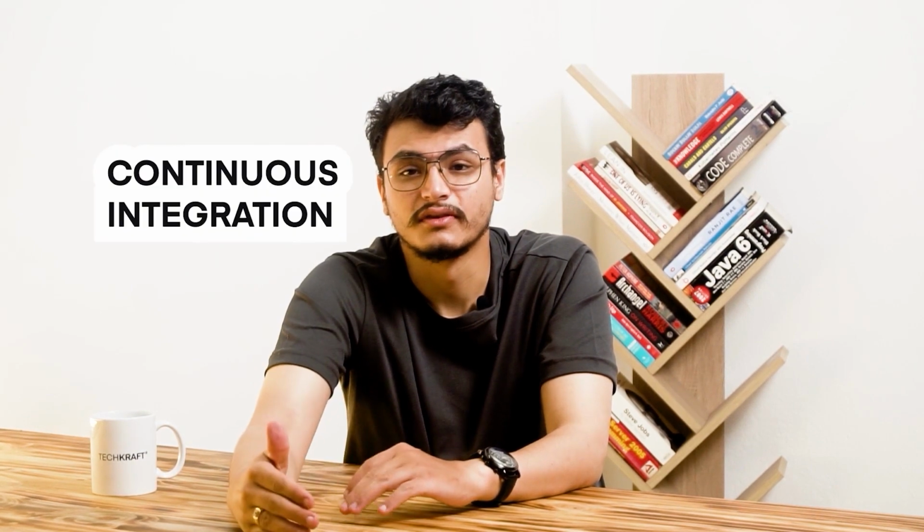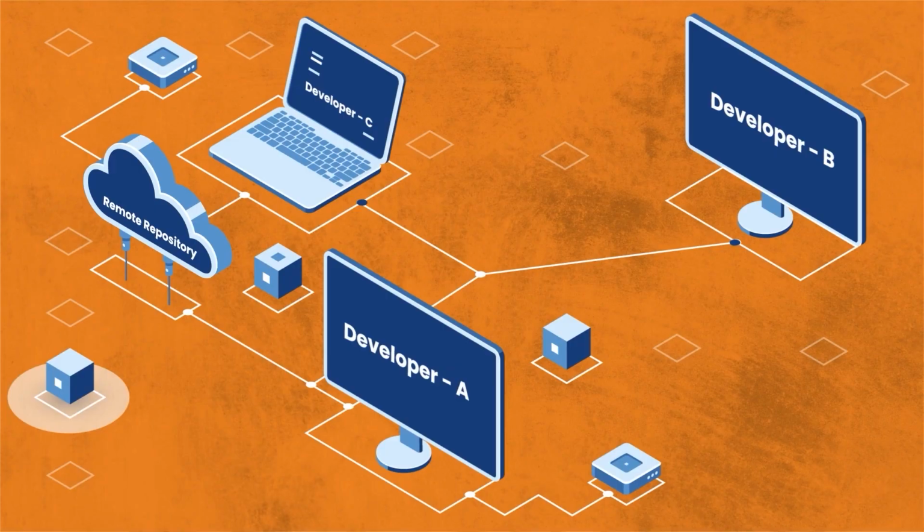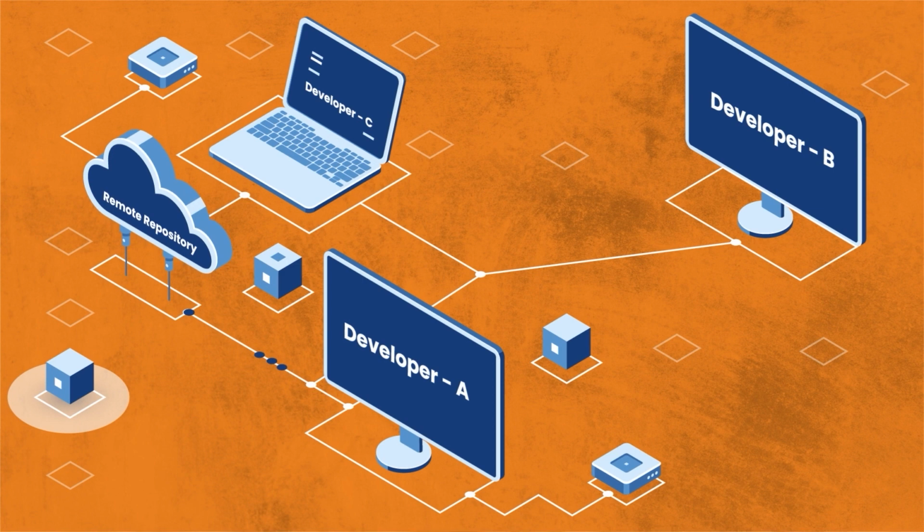So this is where CI/CD comes in. What is CI/CD? CI/CD stands for continuous integration and continuous deployment. In continuous integration, all the members of the development team push their code multiple times a day to a remote repository. The repository is configured to carry out all the tests, check for any conflicts, and let the developers know of any bugs present.